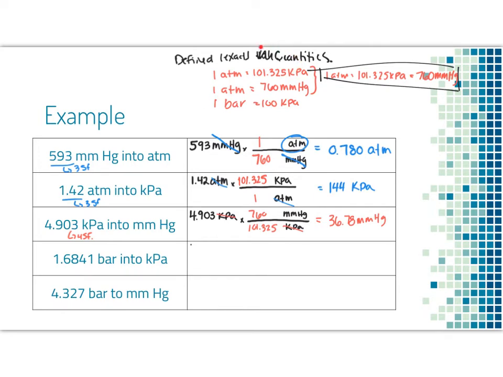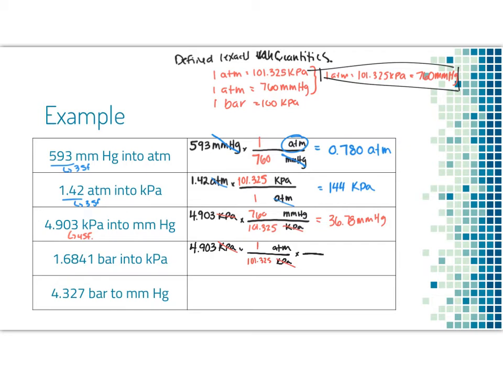So I'm going to go kPa to atmospheres, and then atmospheres can take me to millimeters of mercury. So I'll just write this out here, and then I'm going to erase it. So 4.903 kPa, and we decided we were going to go from kPa to atmospheres. And so there's 1 atmosphere per 101.325 kPa, and the units of kPa cancel.